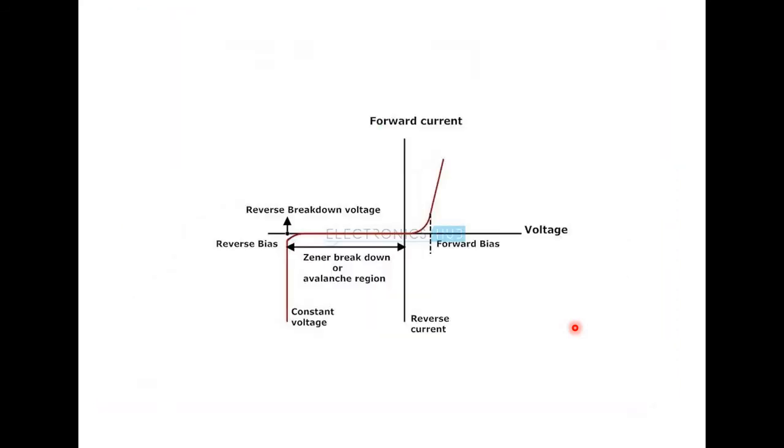Now moving towards the characteristics, of course we have to study these characteristics in forward bias and reverse bias. What we said in the aim, we are going to study the characteristics of the Zener diode, and those characteristics will be IV characteristics, meaning current-voltage characteristics.